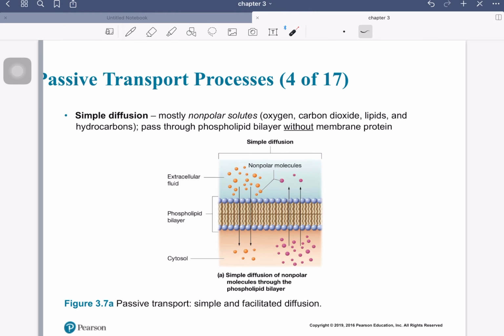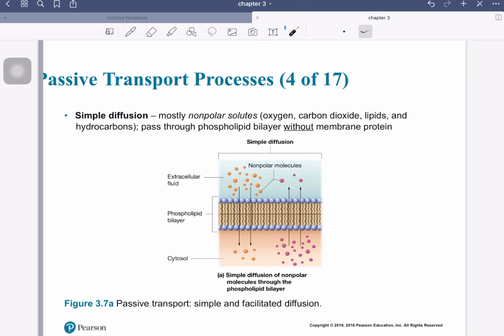Okay, let's talk about simple diffusion. Now, simple diffusion is pretty straightforward. It's most non-polar solutes, oxygen, carbon dioxide, lipids, many hydrocarbons, they can pass through the phospholipid bilayer without a membrane protein.